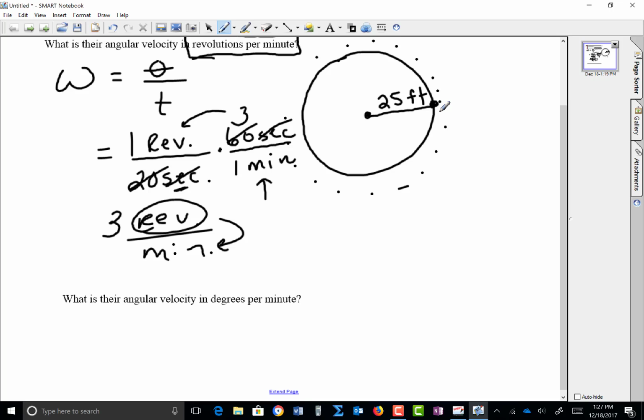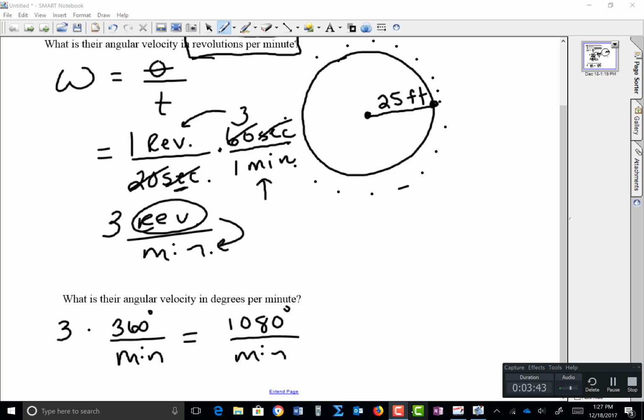And that would be 360 degrees. So 1 revolution is 360 degrees, and it's per minute. So if I do the 3 times the 360, I will have 1080 degrees per minute. So that one was fairly simple. That one was a little easier to do.